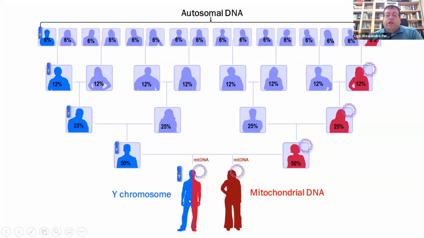If you're a male, you can have your own Y chromosome tested, and that will provide you information about your straight, direct, unbroken, in many cases surname, paternal line. And the benefits of knowing the Y chromosome and being able to match it with other individuals are many.